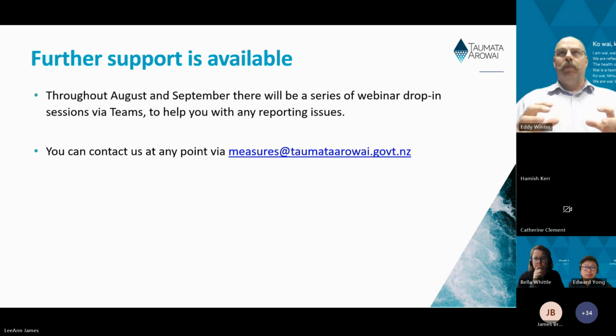We haven't put a structured presentation together for those webinars yet, but if we start seeing a number of frequently asked questions, we might start pulling those together into an FAQ. They're half-hour sessions every 2 weeks throughout the rest of August and September. So again, feel free to pop any of those questions to us, or come along to those webinars.